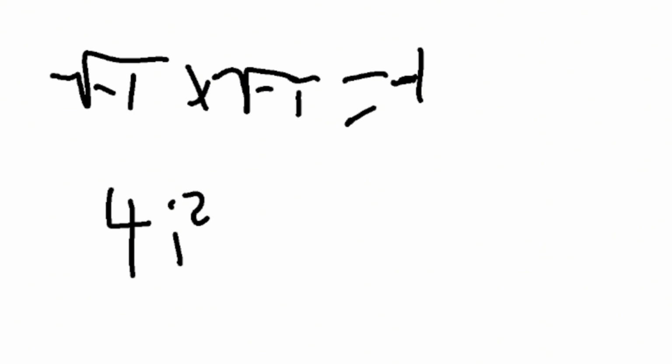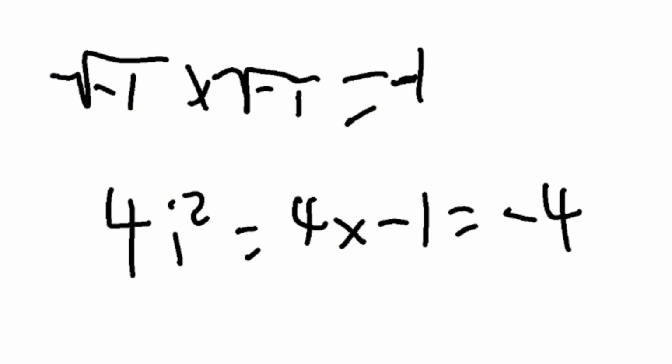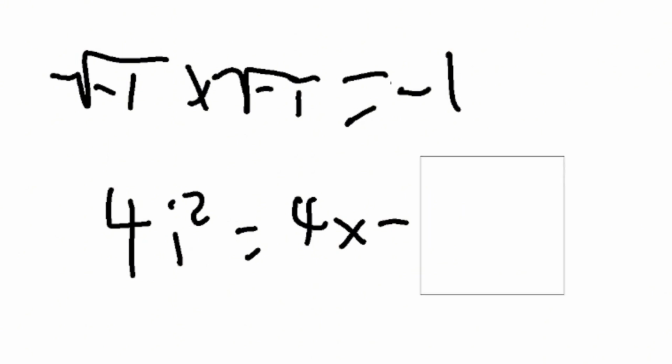Sorry, it equals -1. So 4i squared equals 4 times -1, which equals -4. Remember, it's not 1. It's -1. I was wrong. I will admit my faults.